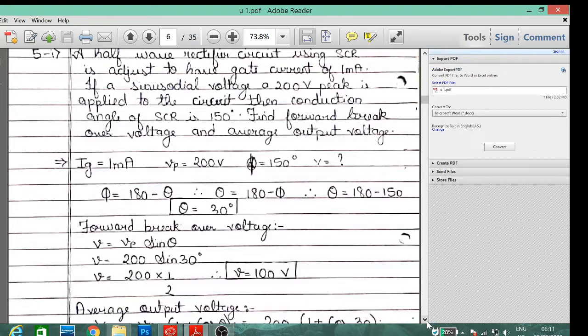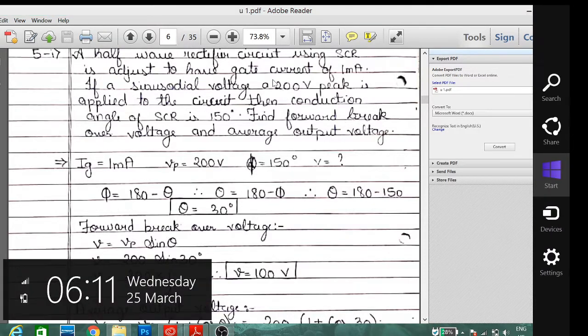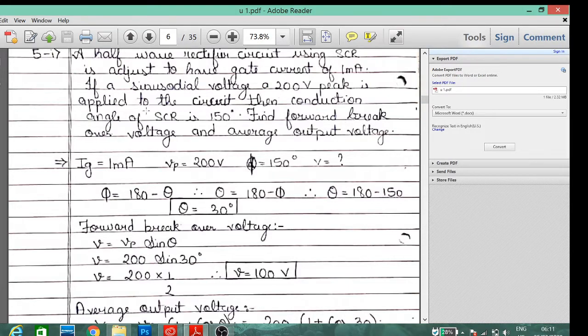Next numerical question: a half wave rectifier using an SCR is adjusted to have a gate current of 1 milliamp. If a sinusoidal voltage of 200 V peak is applied to the circuit when the conduction angle is 150, find the forward and backward breakover voltage and average output voltage.